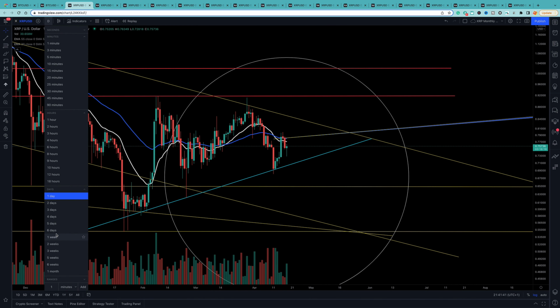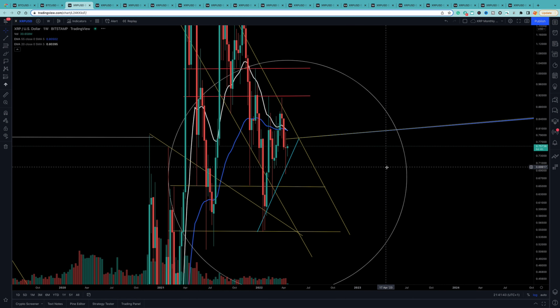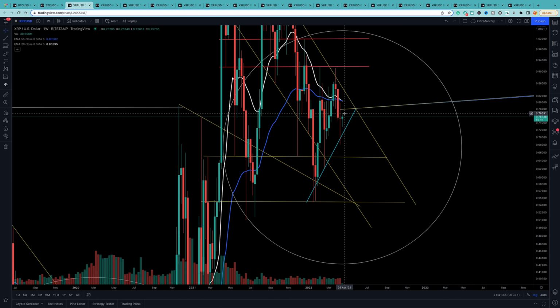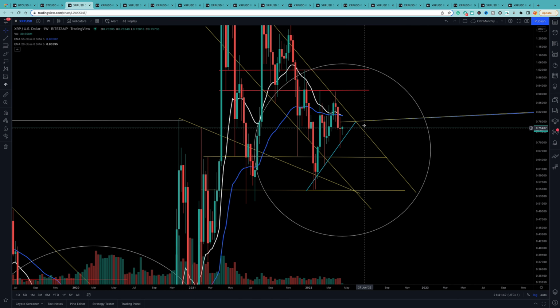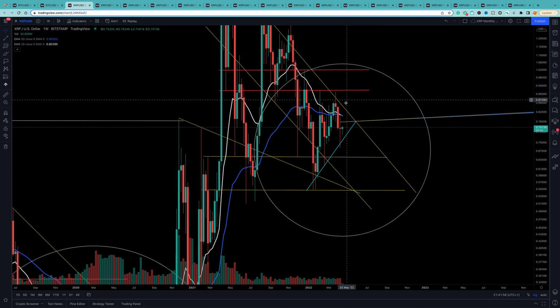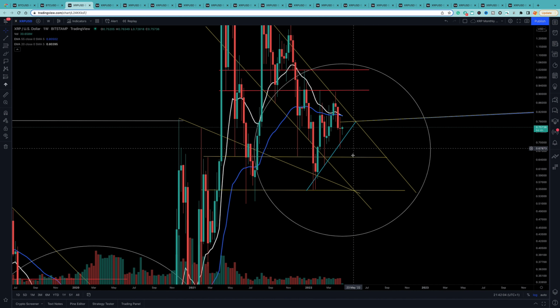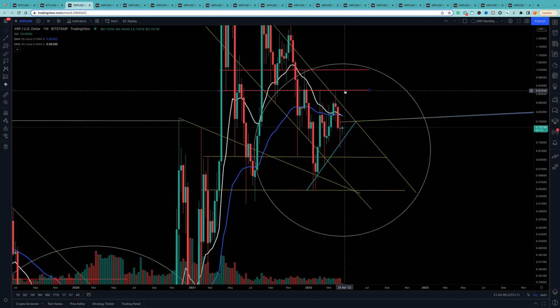When I turn it to the weekly, you could have a bounce and it comes up and bounces off the 92, or it shoots up to the 101 and then comes back down, and the weekly eventually applies pressure and pushes it down. It's a bit of a reach to get it up to the 101.